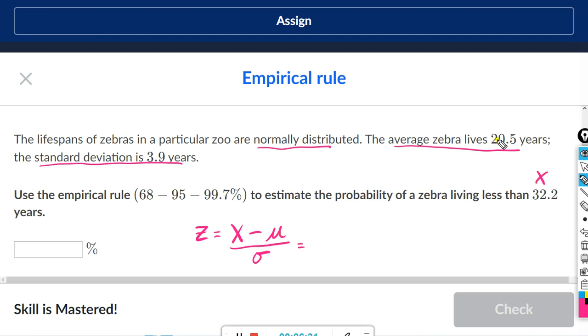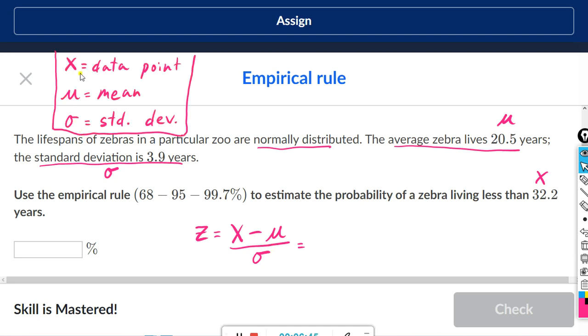Mu is your mean, that's 20.5. And sigma is your standard deviation. In case you forgot what the symbols mean, let me write those out. So I wrote everything out. x is the data point. Greek letter mu is the mean. And Greek letter sigma is your standard deviation.